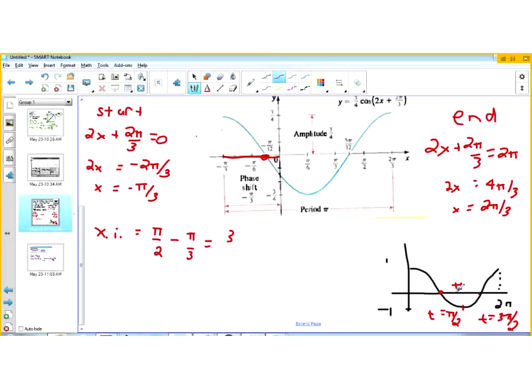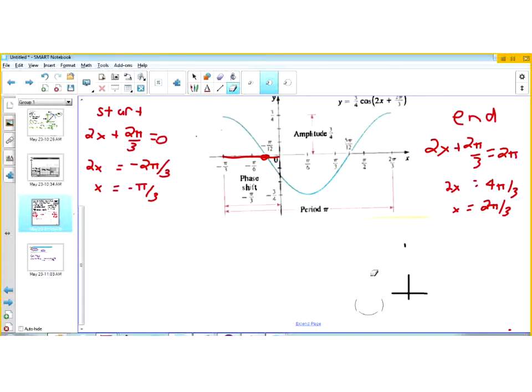That's strange. Oh, I see what the error is. We're not shifting cosine x. The problem here is that this period is wrong. Okay, I see what the problem is. This pi halves is not the x-intercept. Sorry, I have the wrong curve. Erase this.